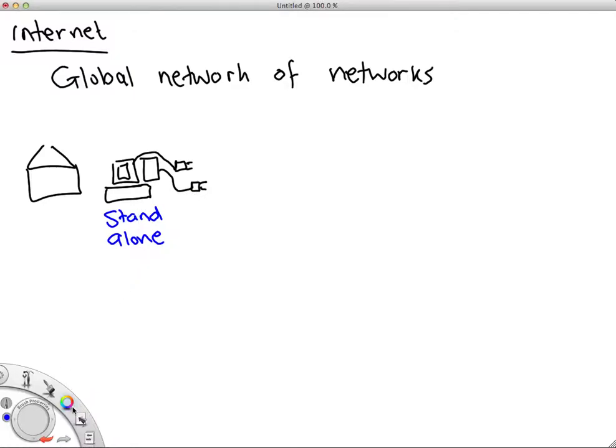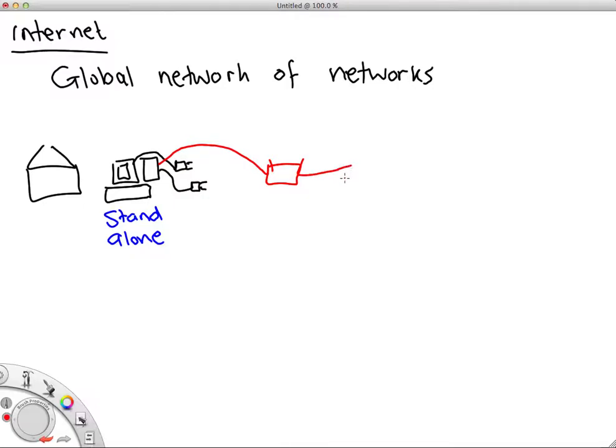Now, if all of a sudden we use communication techniques, or communication services, for example, imagine that at the back of my CPU I get something called an Ethernet lead, and I plug that into something called a router, and that router is connected to a satellite or a telephone line.